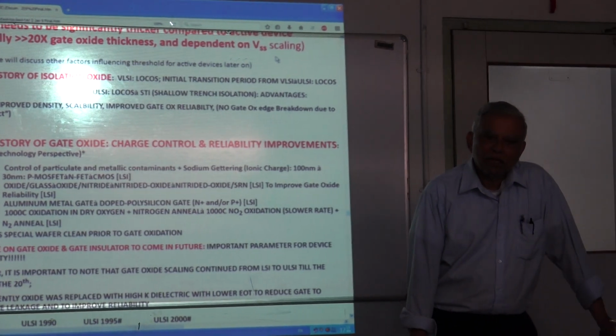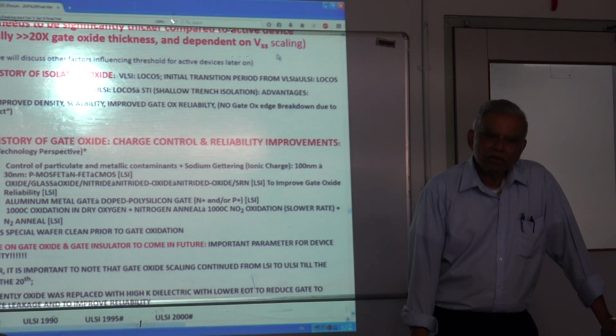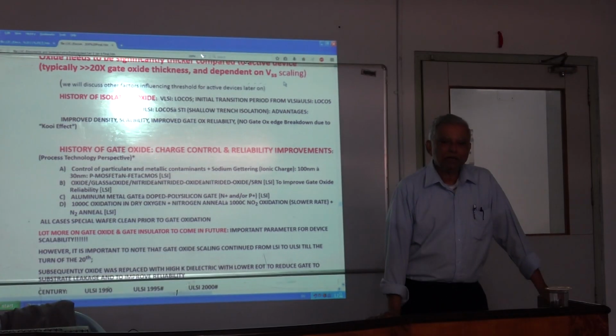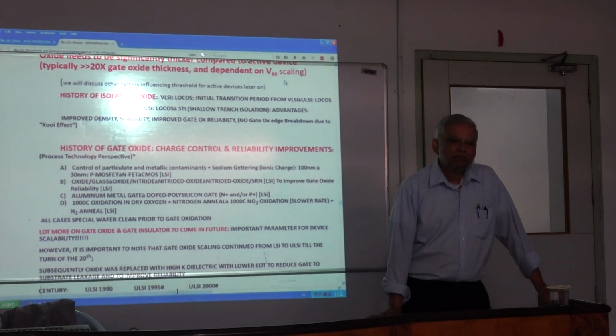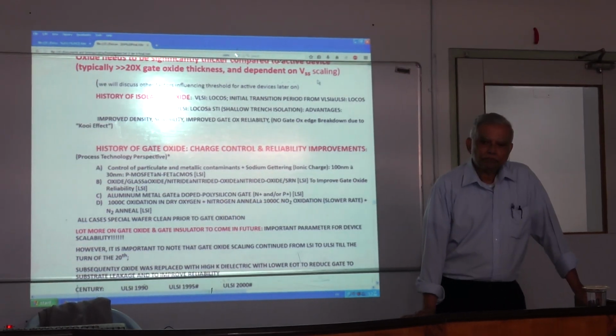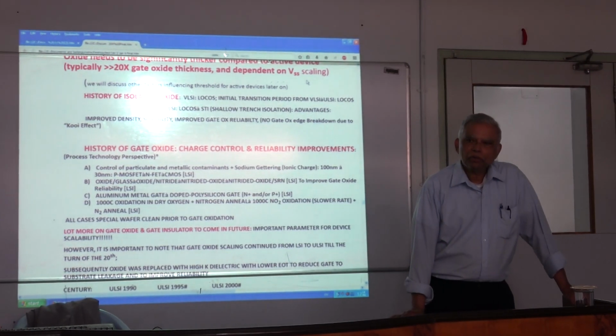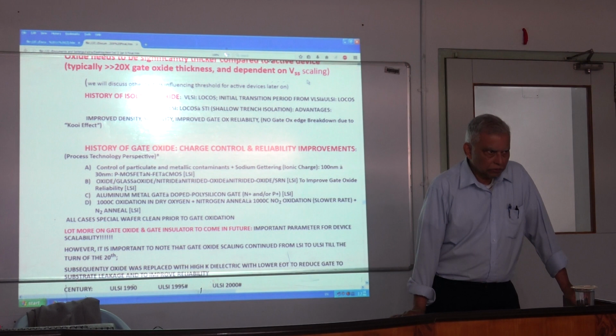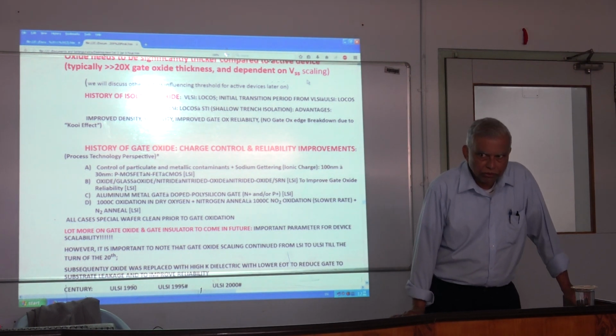And actually before I left doing technology directly, we built some very reliable 1.5 nanometer oxide, but that's for non-volatile memory.